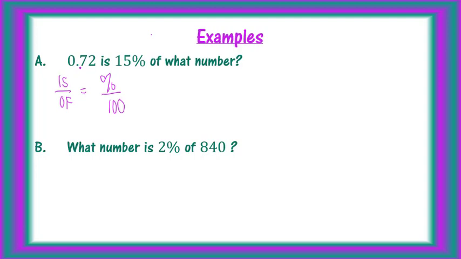So it says 0.72 is, there's my is, so I'm going to go ahead and write in 0.72 or 72 hundredths, just a quick reminder of how to read that, divided by of. So of what number? What number means that we don't know what of is.